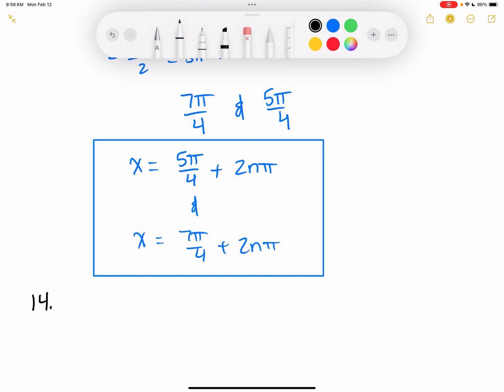So we've had ones that dealt with sine and cosecant. Now: 3 tangent squared of x minus 9 equals 0.